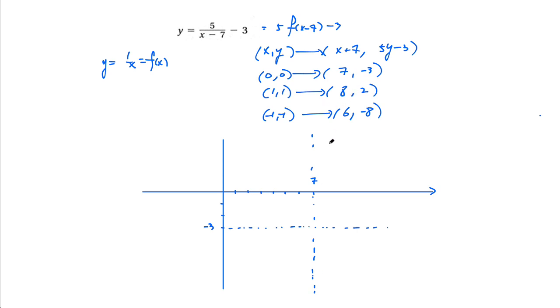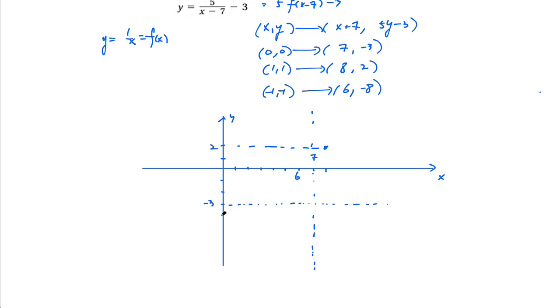That's where the asymptotes are. And (8, 2) is quite high up, right there. And (6, negative 8).